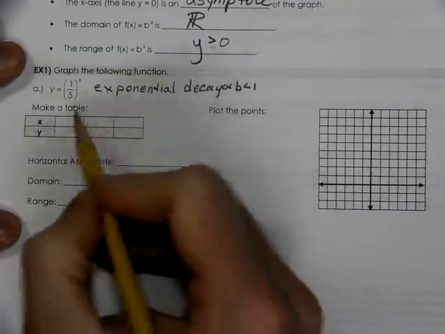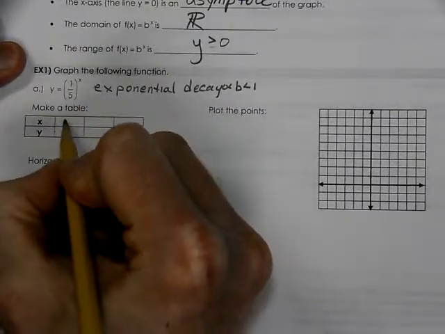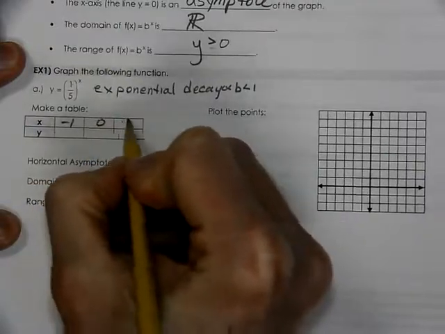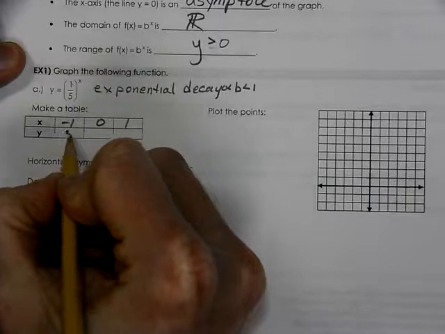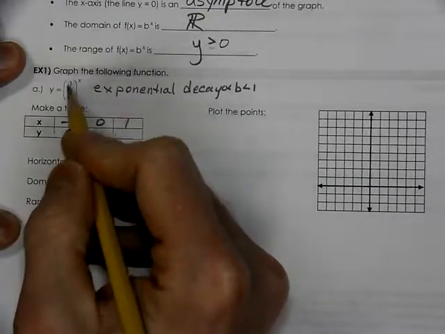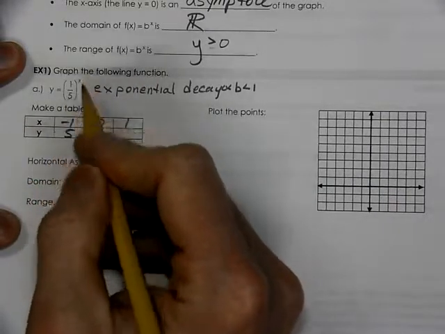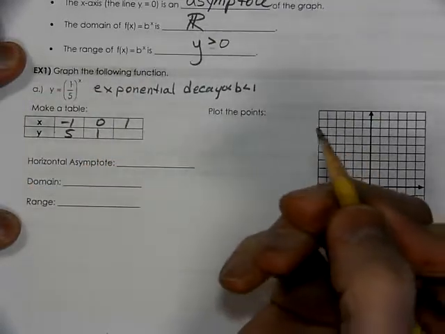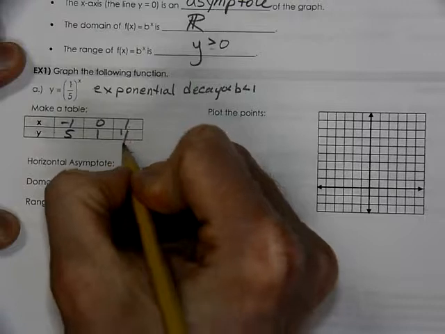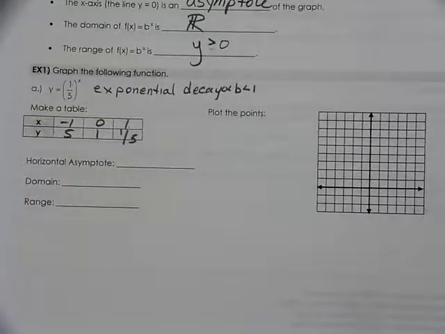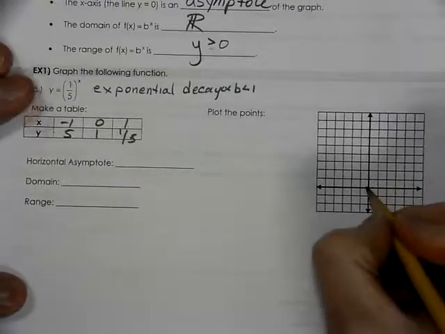We're going to make a table. So we're going to use numbers like -1, 0, and 1. The -1 flips the fraction over. The 0, anytime you have a base to the 0 power, it's a value of 1. And anytime you have a base to the first power, you actually get that base. So we can graph that out.